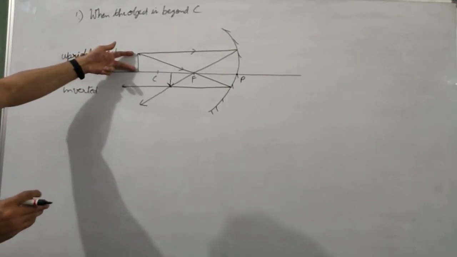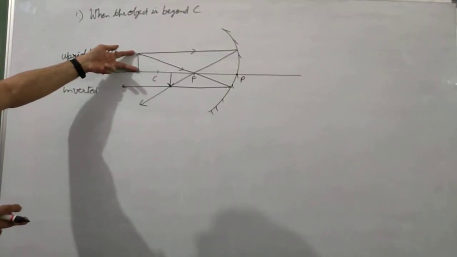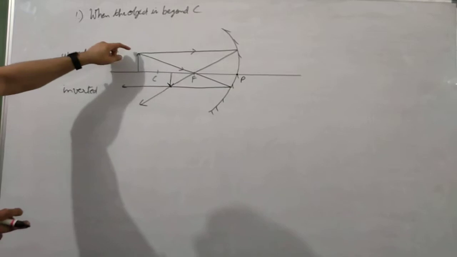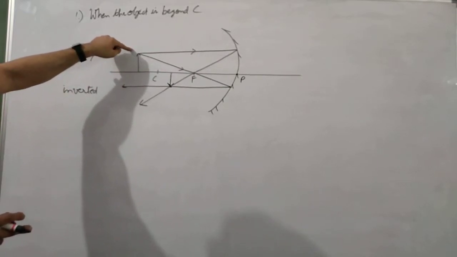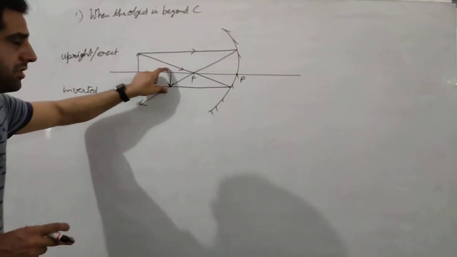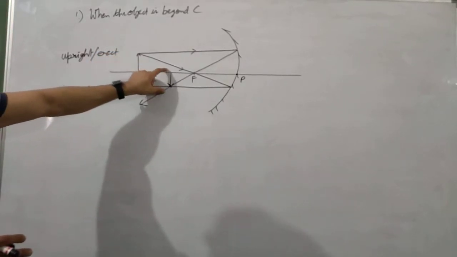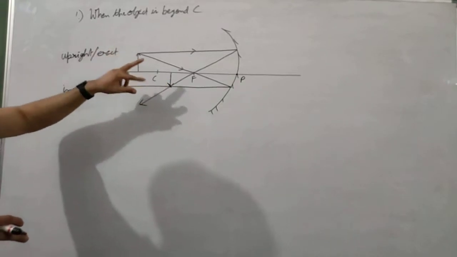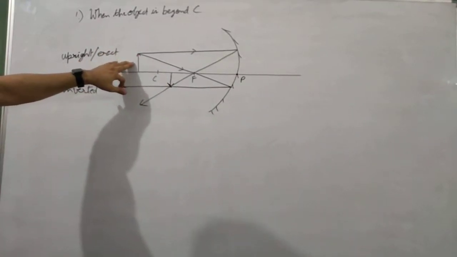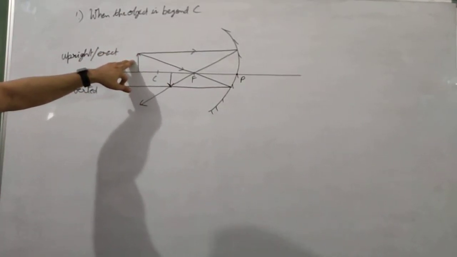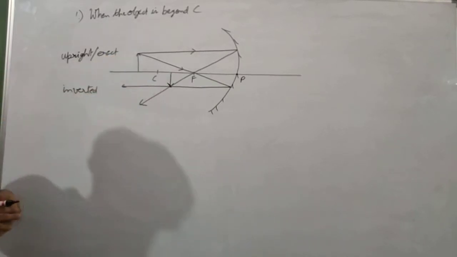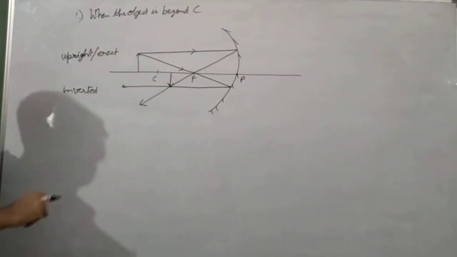If we change the orientation of the object, if I flip the object like this, head at the bottom and legs at the top, the image will also be flipped. If the object becomes inverted, the image will become upright. So it goes both ways. Right now we always take the object upright, always erect, and the image will be inverted.